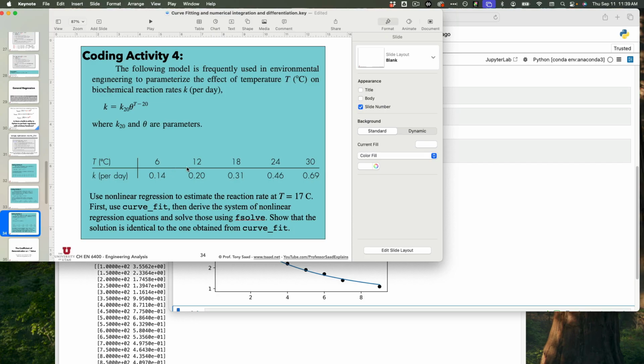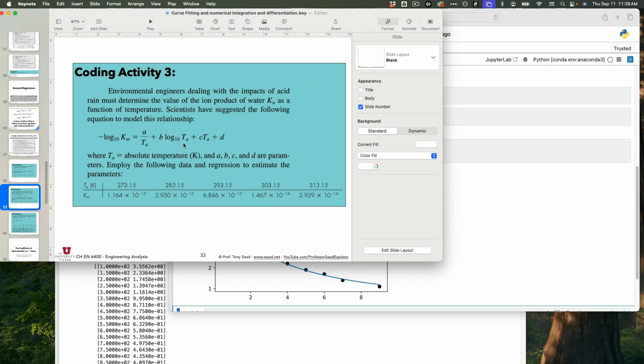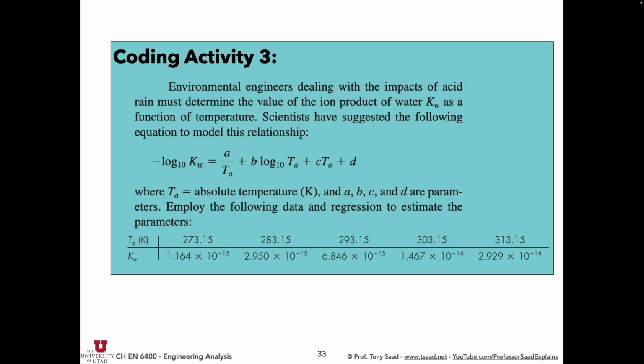This is another example where environmental engineers dealing with the impacts of acid rain must determine the value of the ionic product of water, Kw, as a function of temperature.